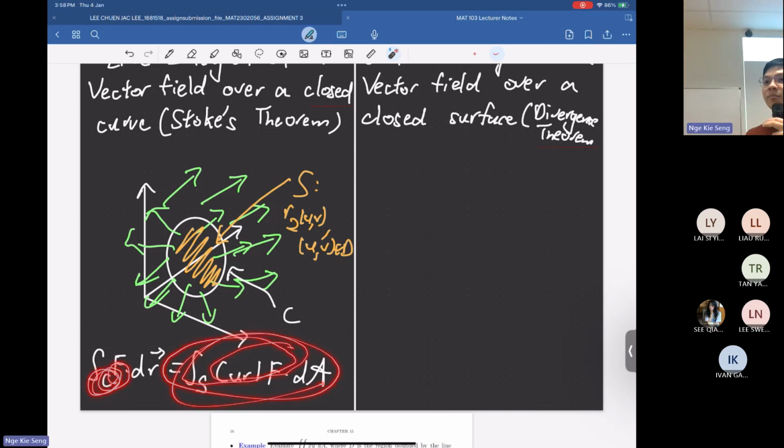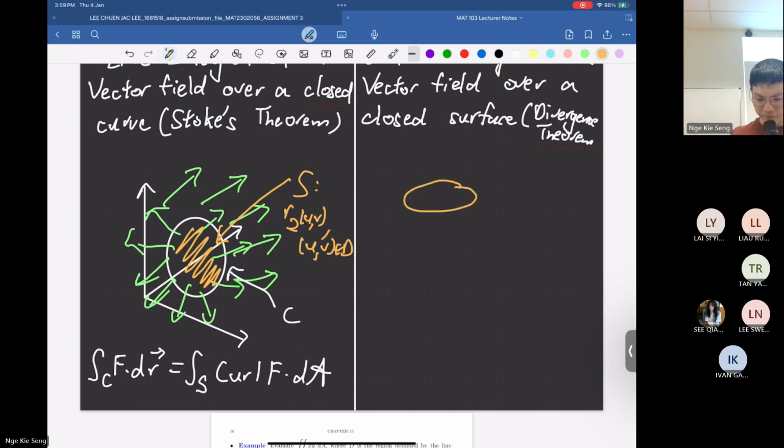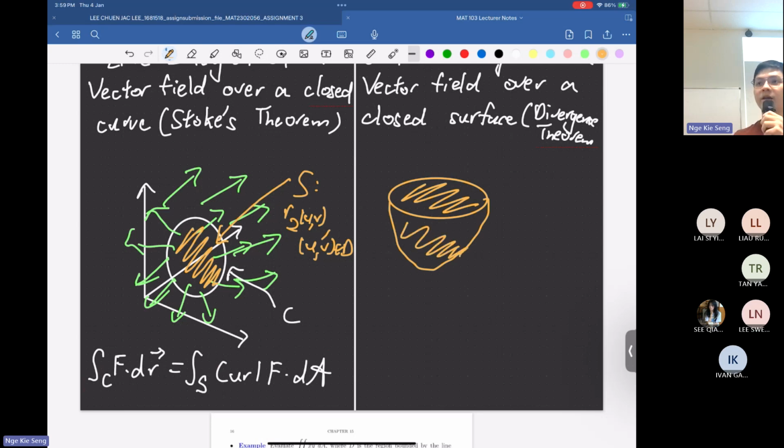There's an example in your lecture notes where you computed the surface integral of curl F over this surface and over the other surface, and it is the same because they share the common boundary.